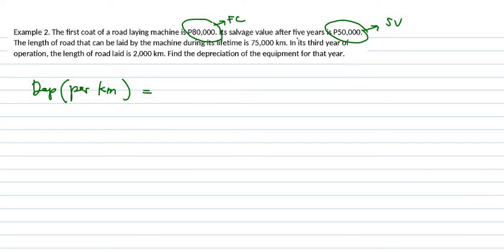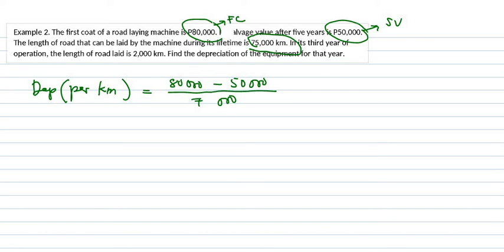So we have 80,000 minus the salvage value, 50,000, divided by the capacity of units, which is the length of road that can be laid by the machine during its lifetime, 75,000 kilometers.